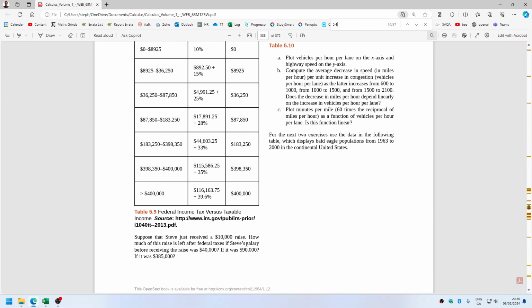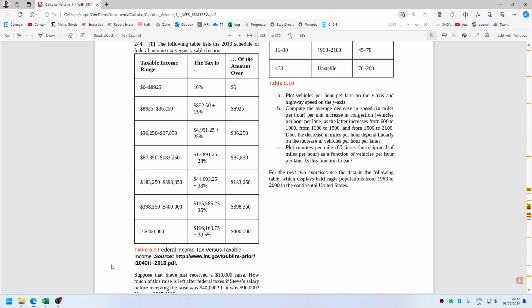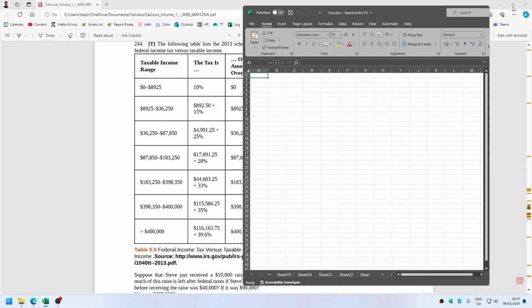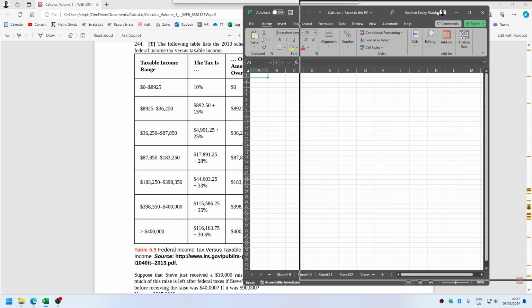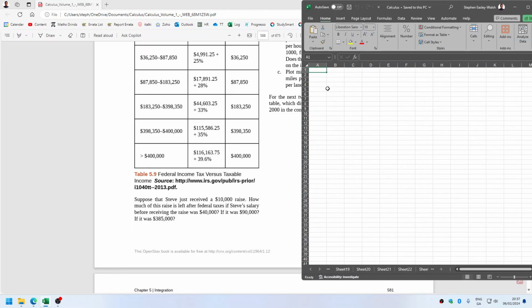Suppose Steve just received a 10,000 raise. How much of this raise is left after federal taxes if Steve's salary before receiving the raise was 40,000? Okay, we'll just put this into a spreadsheet here. Steve was 40,000.